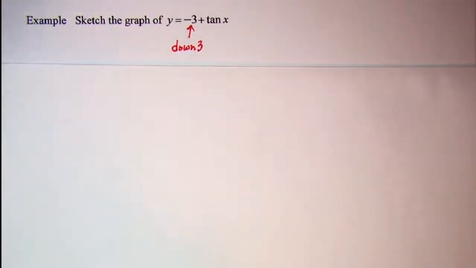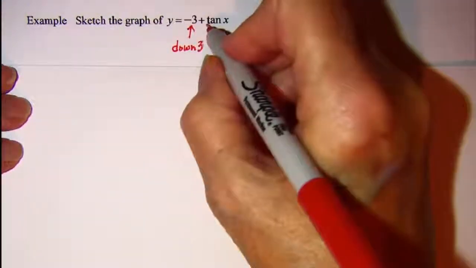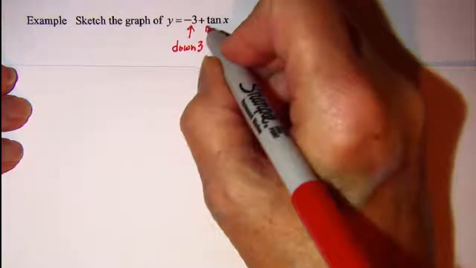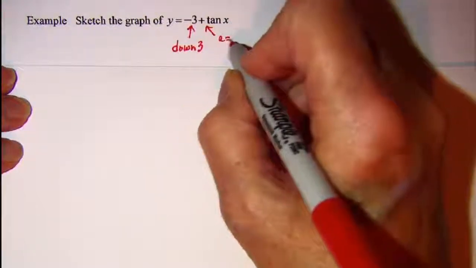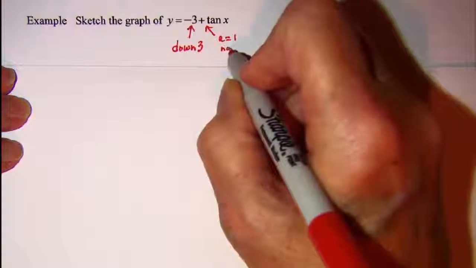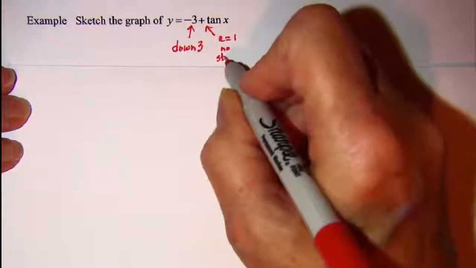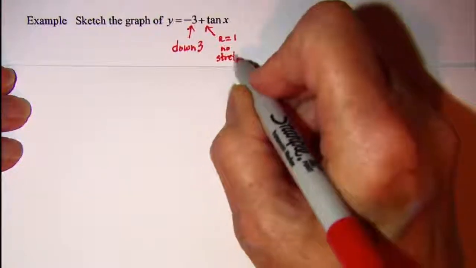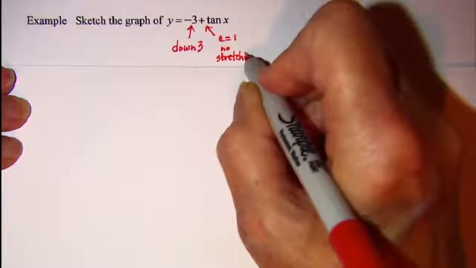So we'll draw our center line guideline at -3. We also see that a is 1. So there's no stretching. It's just going to look like a usual basic tangent function.